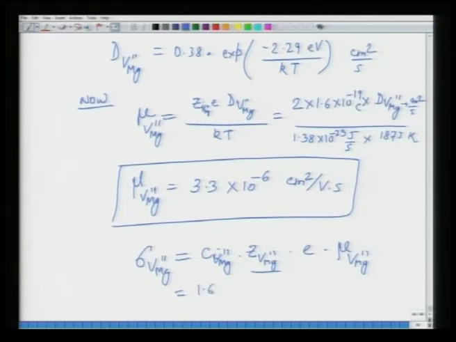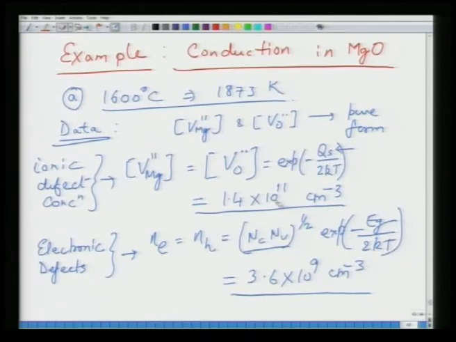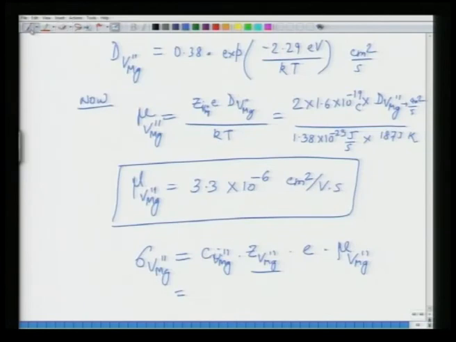So, Cvmg from the previous slide we can take, this is 1.4 into 10 to the power 11 per centimeter cube, multiplied by 2, multiplied by 1.6 into 10 to the power minus 19 coulomb, multiplied by 3.3 into 10 to the power minus 6.